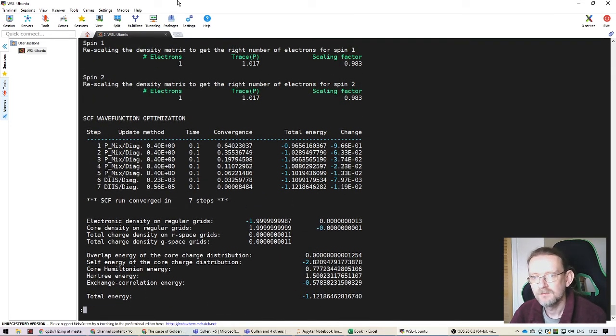And then we get this self-consistent field wave function optimization. Again, this is stuff we'll go into in more detail on Friday. It's slightly later in those series of lectures than we got to last time. You may have got to the Hohenberg-Kohn theorems, which tell you that the energy of the system is a unique functional of the electron density.